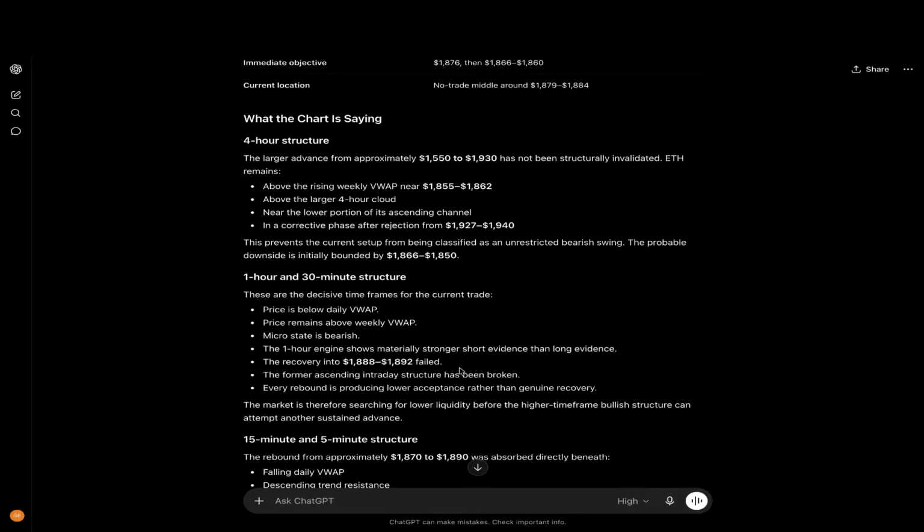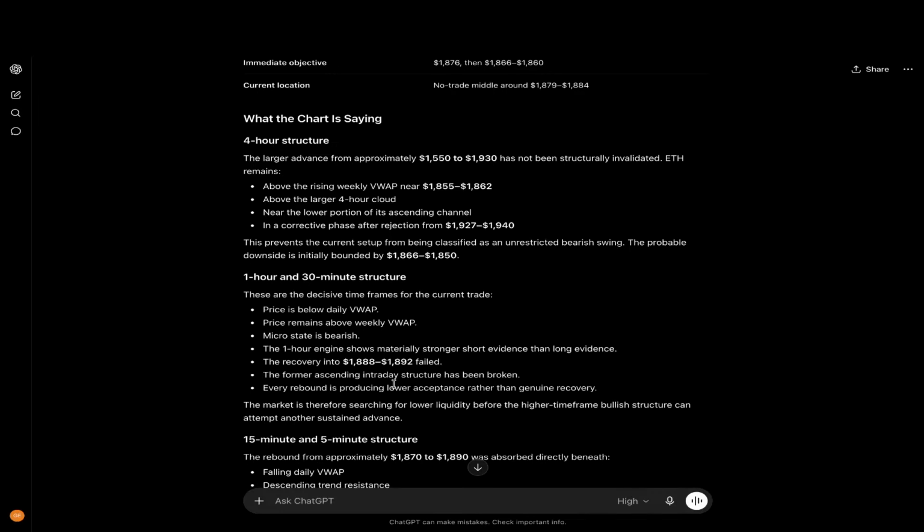The 1 hour time frame shows materially stronger short evidence than long evidence. The recovery into the $1,888 through $1,892 failed, so we didn't see a push through it to give us a long signal. We're still in a neutral state because we still haven't received the short signal, or the price hasn't fallen enough to say there's more room to fall.